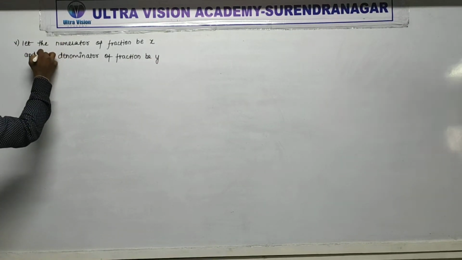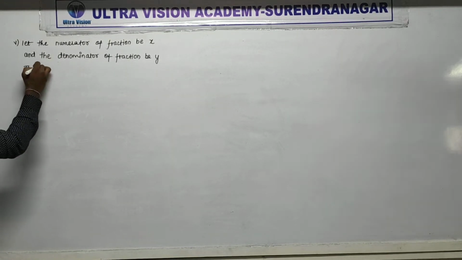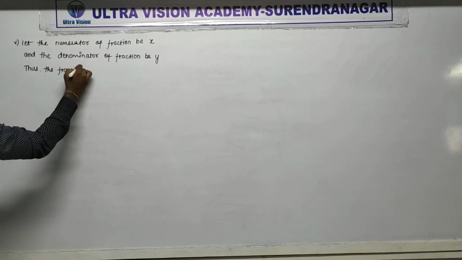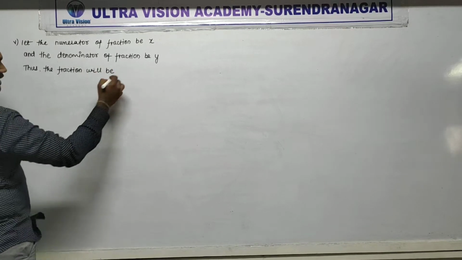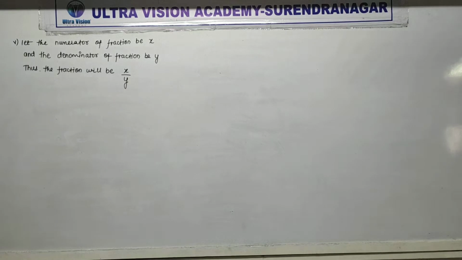If the numerator is x and denominator is y, then what will be the fraction? Thus, the fraction will be x upon y. This is what we need to find out. So simply, if we find out the values of x and y, replace it here and we will get the fraction.